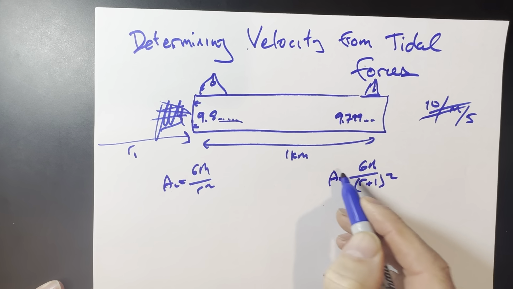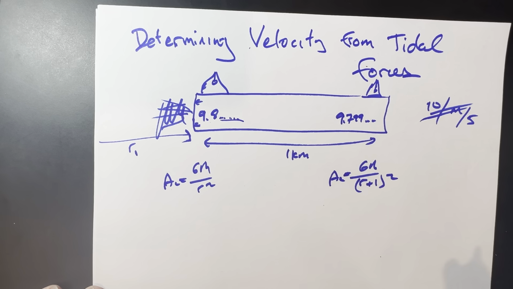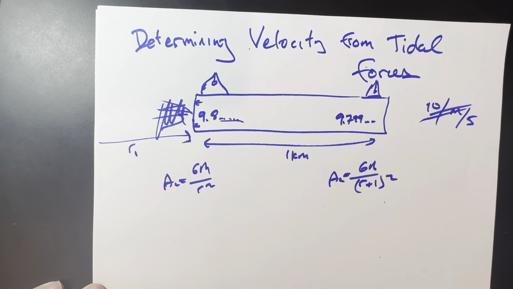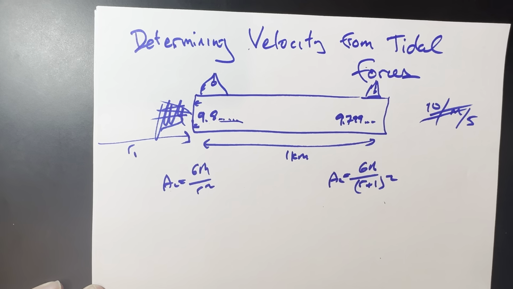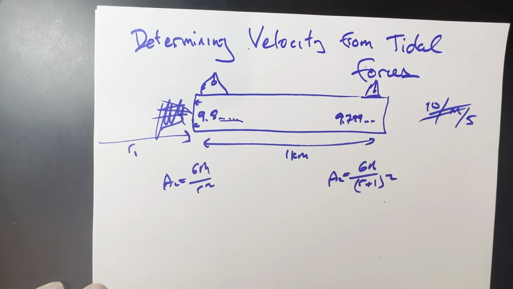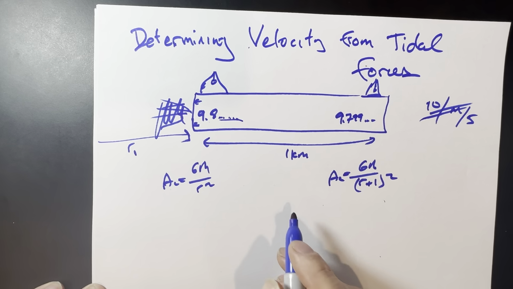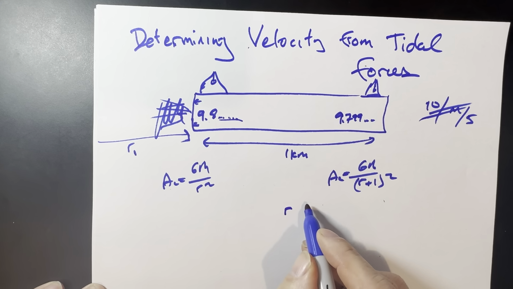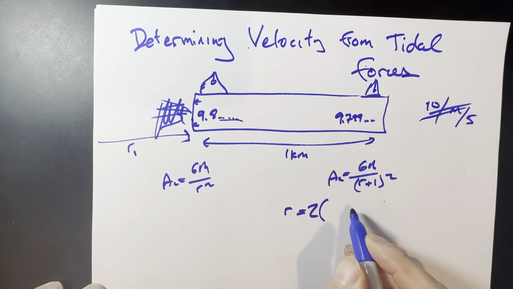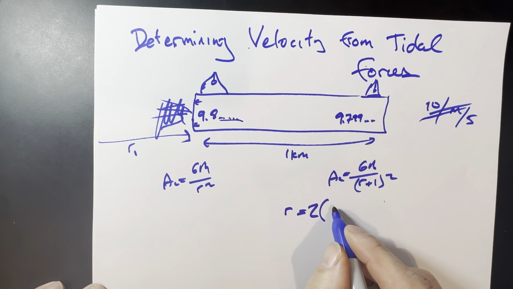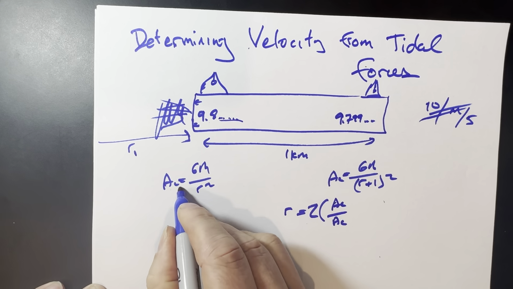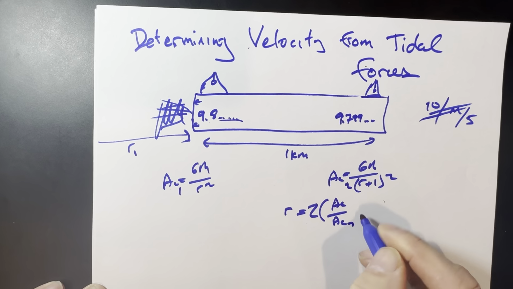And so this would be your two accelerations. I thought it would be easy, but it's actually pretty complicated, a bunch of operations to get from here to calculating the radius of the planet. So I just did it. It involves quadratics. So basically, the radius can be calculated, this is a pretty good approximation, as R1 equals 2 times A1 over A2 minus 1, where I call this 1 and this 2.